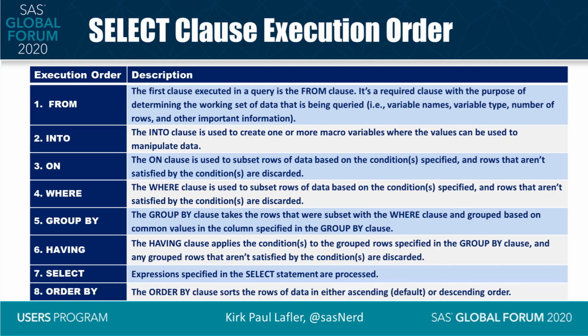And if specified, the last clause that's executed is the order by clause. Its purpose is to sort the rows of data in either ascending, which is the default, or descending order for viewing on output or for processing on output.